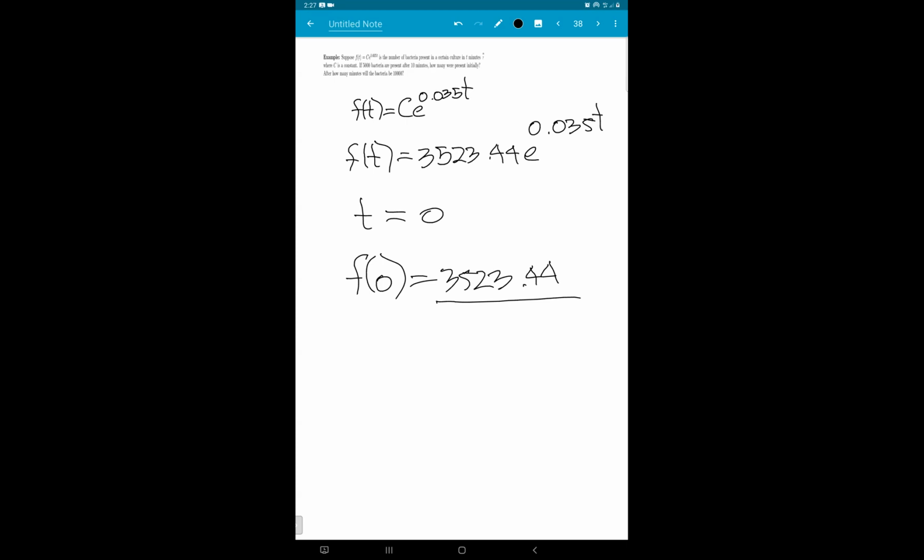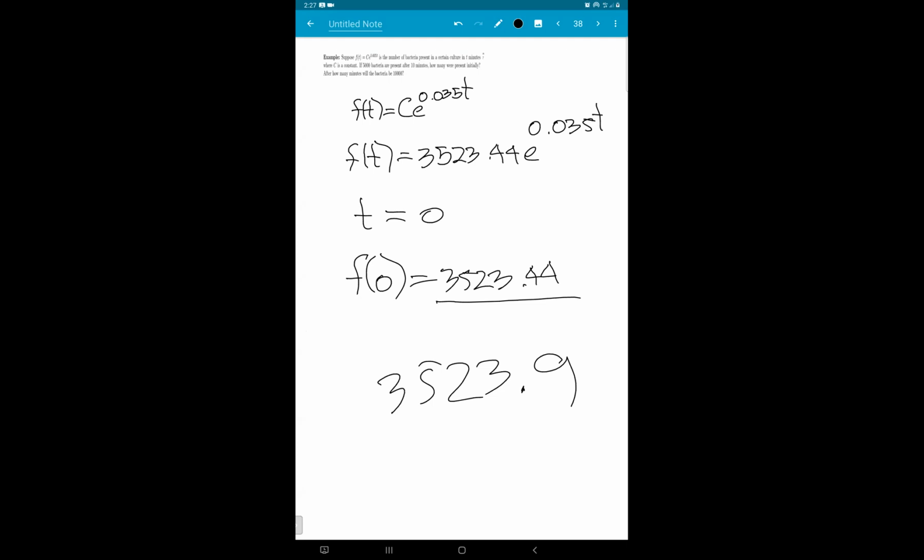Why? Well, this means that the next bacteria is not yet fully formed. Okay, even if your answer is 3,523.9, you do not say there were 3,524 bacteria initially, because 0.9 technically is not a bacteria.